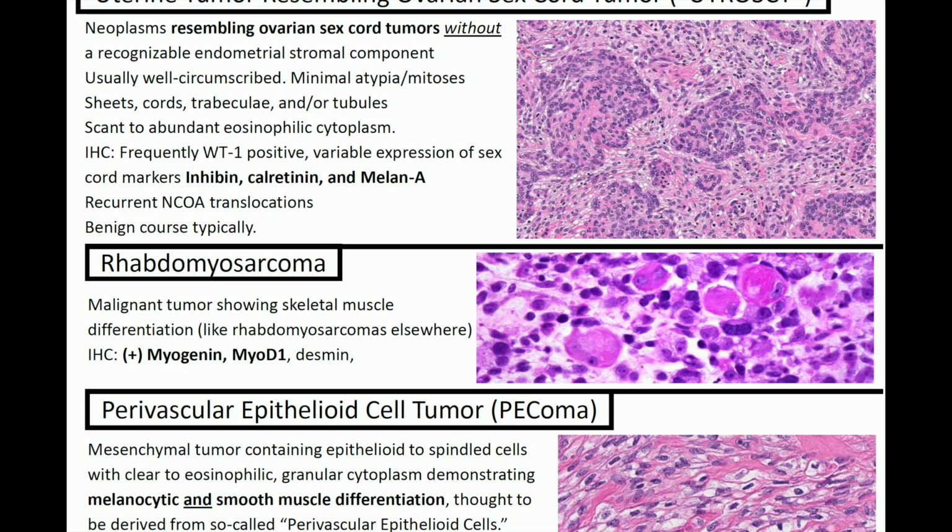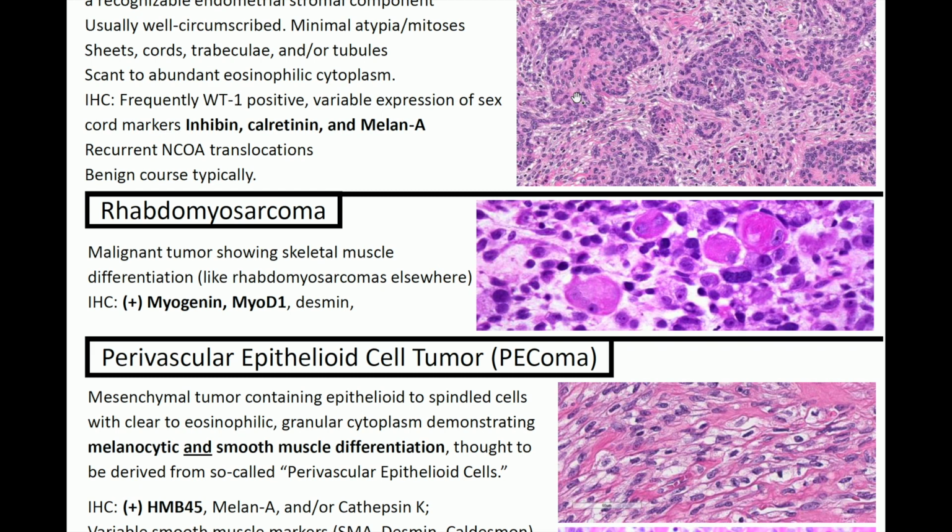There can be scant to abundant eosinophilic cytoplasm, and for IHC, frequently WT1 positivity with variable expression of our sex cord markers, which are inhibin, calretinin, and Melan-A. There are recurrent NCOA translocations for the uterine tumor resembling ovarian sex cord tumor, and these typically have a benign course. So this is kind of a tough one for me, so a good one to review and be aware of.